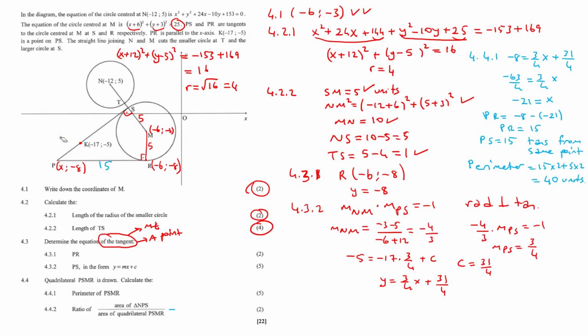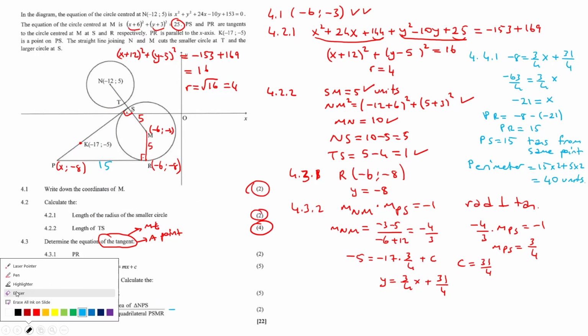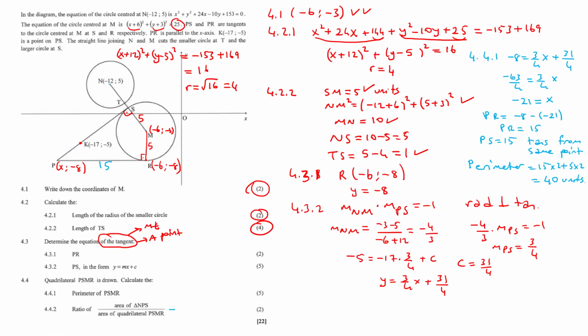If I draw triangle PNS or NPS, as you say, NPS would be this, this angle is 90 degrees here. We just found out that PS is 15, NS was 5 from previous question.